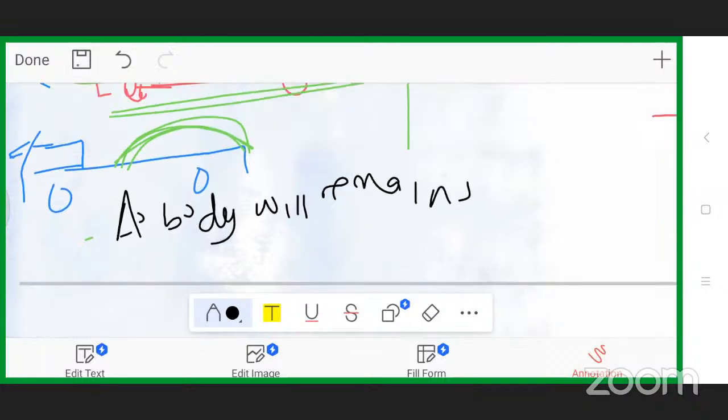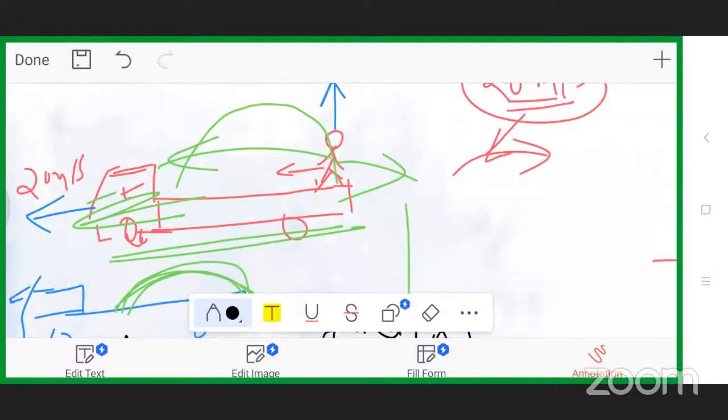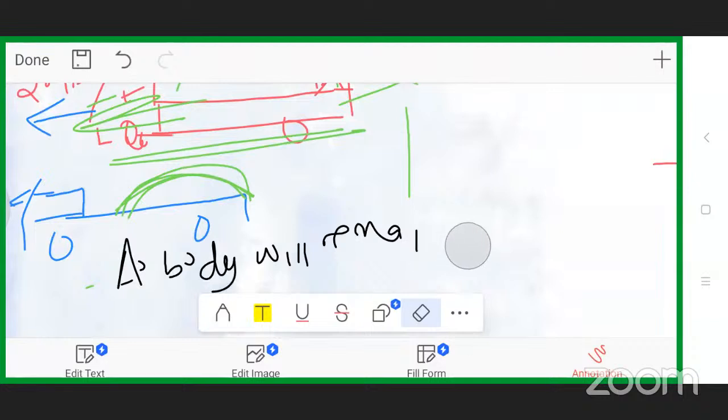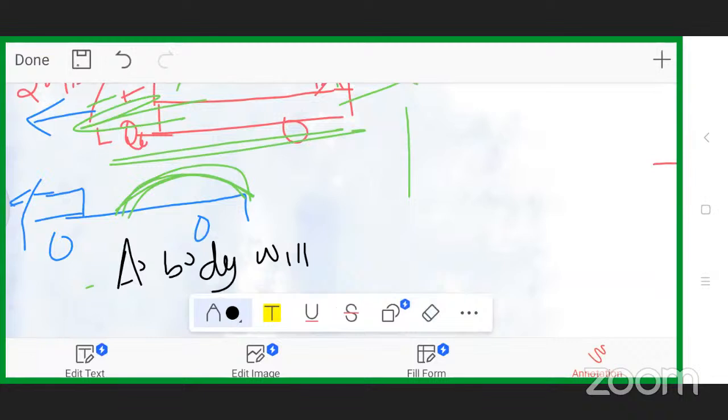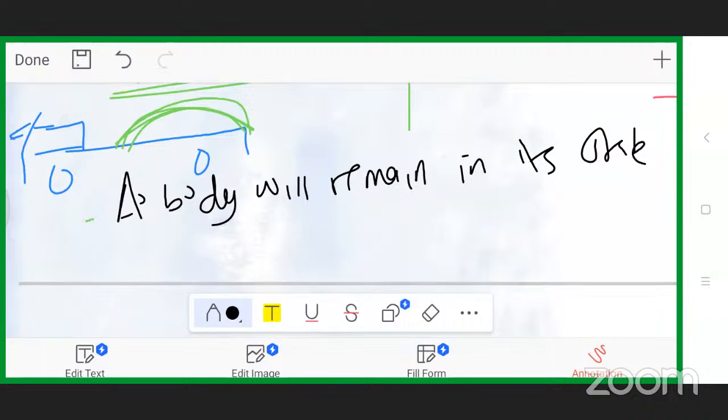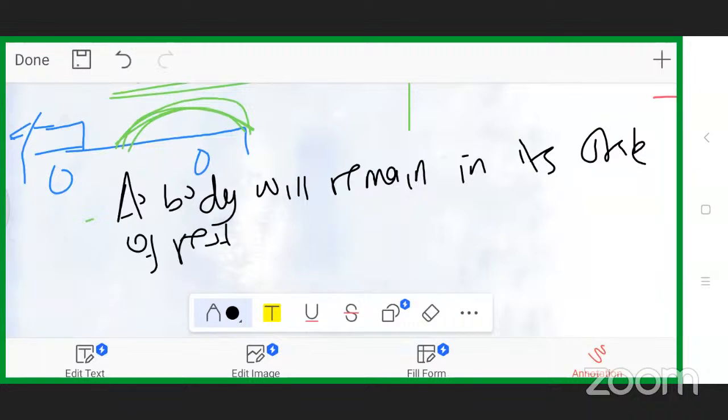I don't know why it's not writing well. But you're still able to see the screen? Yes. In its state of rest. So I'll just state it, then I'm just writing it. It's not coming out well. I don't know what's up with the screen.